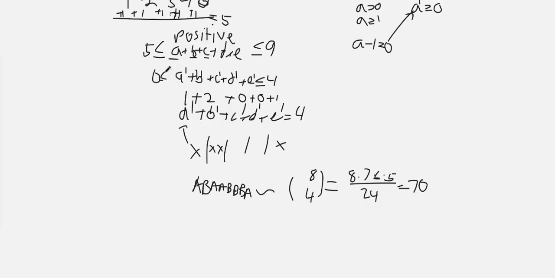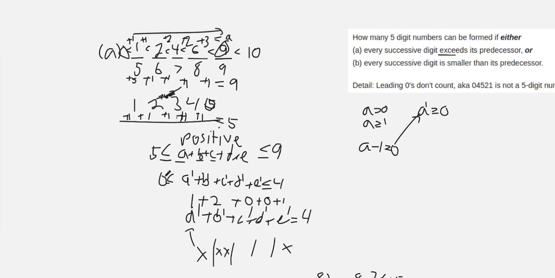So we see that the sum of these non-negative integers equals 0, 1, 2, 3, and 4. Those are 5 different cases. And so the total number of ways to add up, basically we're turning this inequality into a set of values, because if we're adding up integers, we're going to get an integer.